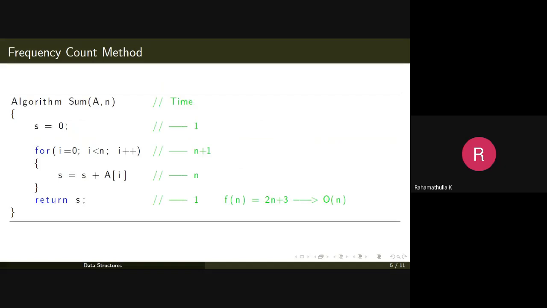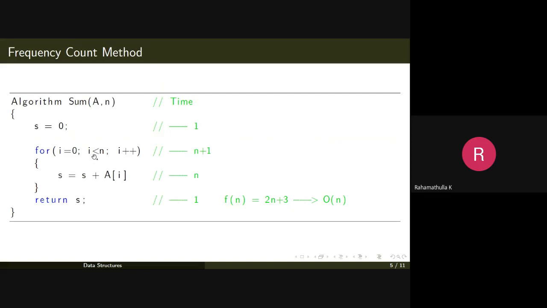The time can be calculated as follows. s equal to 0 is just a normal assignment statement. It takes 1 unit of time. This statement, for i equal to 0, i less than n, i plus plus, is going to execute n plus 1 number of times.